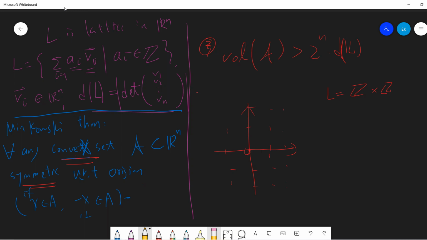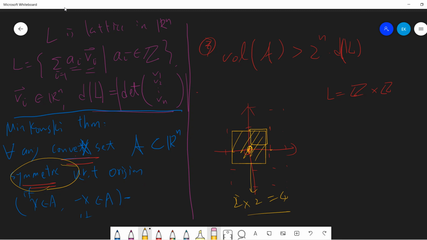If I try to draw a convex set which is symmetric, it looks like this, and then I will somehow contact one point. So this volume is 2 times 2, which is 4, right?